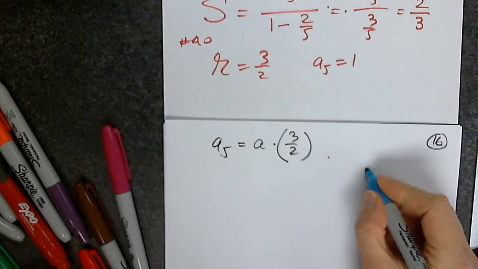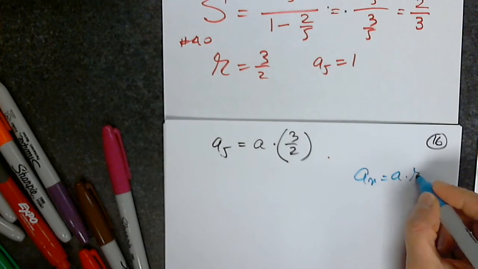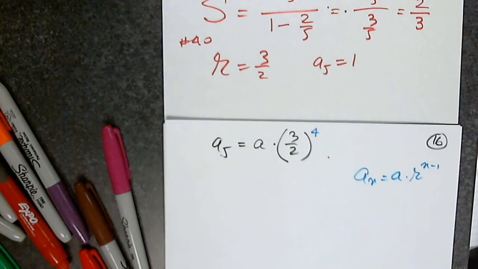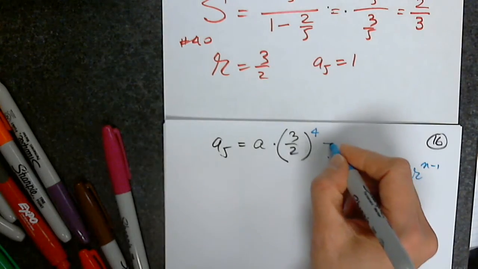The generic term of a geometric sequence has n minus 1, which, with n equal to 5, is 4. Very good. And this, I am told, equals 1.